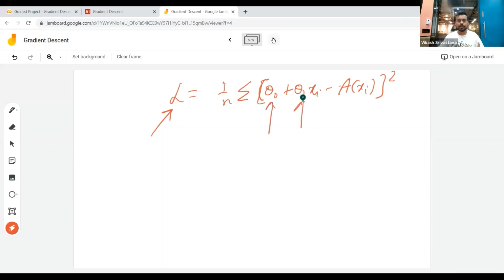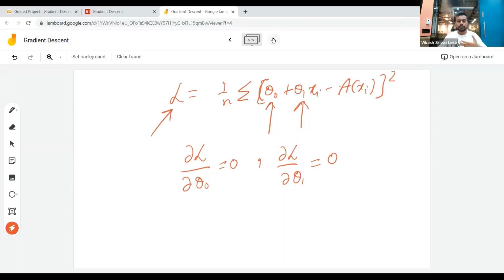So these are the parameters which any machine learning algorithm has to learn, right? We'll try to minimize this loss function with respect to, let's say, theta naught, and of course we have two parameters here. So we'll try to minimize this function with respect to each of these parameters, and we'll set the partial derivatives to be 0, right?